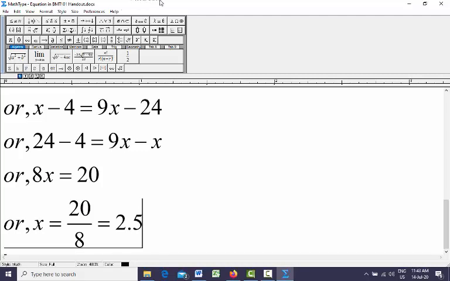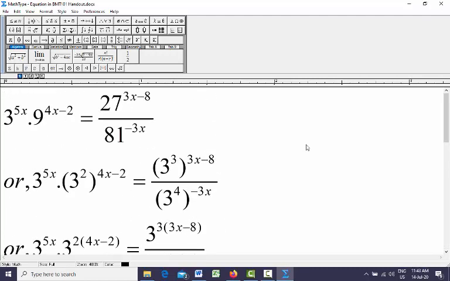Right. So that's the solution of x. That means the value of x is 2.5. Let me revise it, to see if I have made any mistake or not, always do some revision. So this one is correct. This one is also correct.